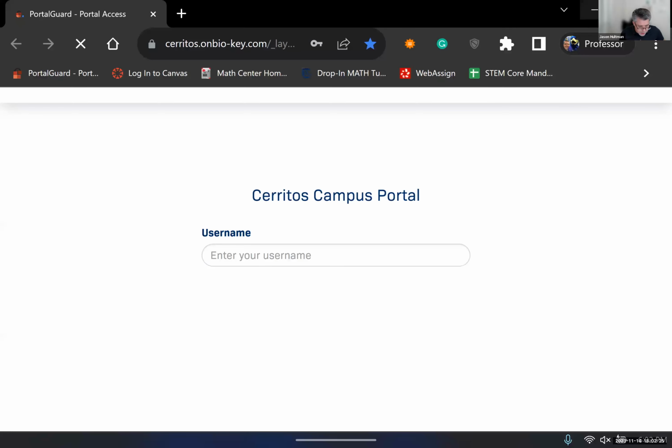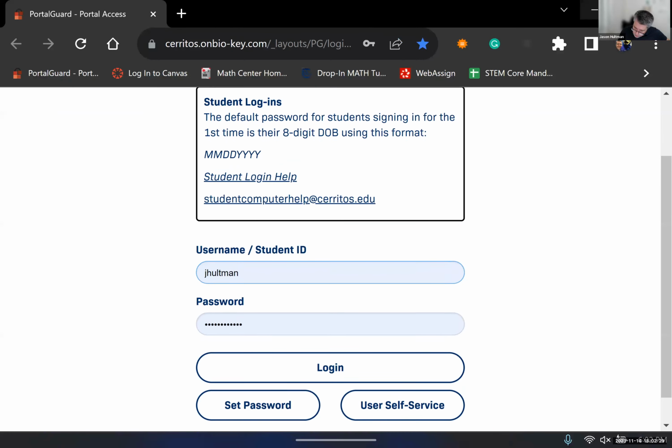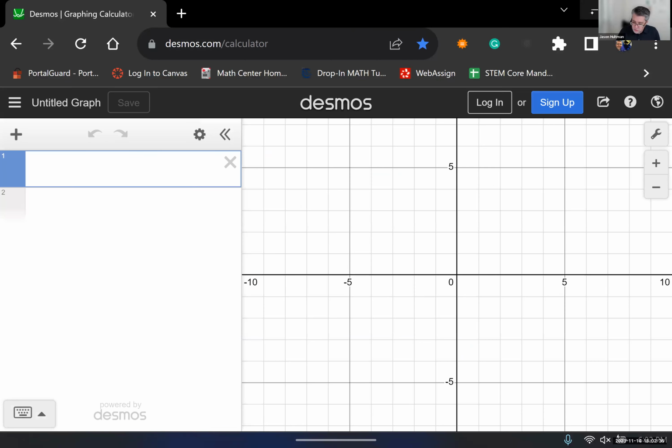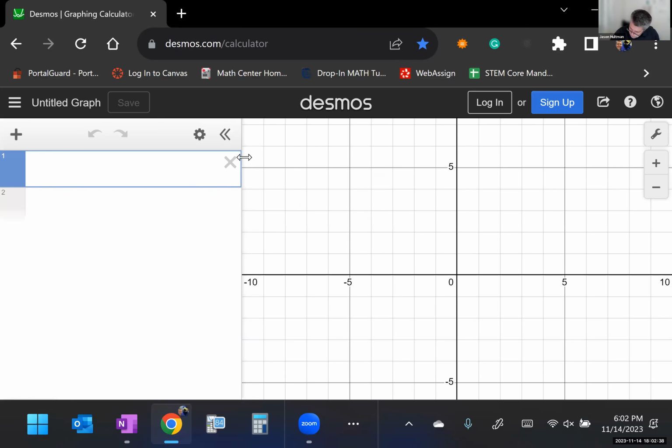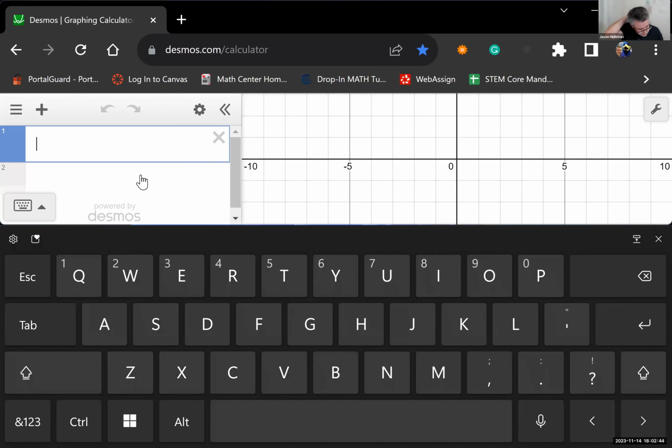I think it helps to see what we are doing. So I'm going to have y equals, not capital Y, just y equals.